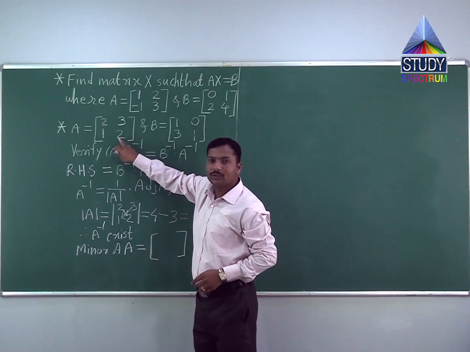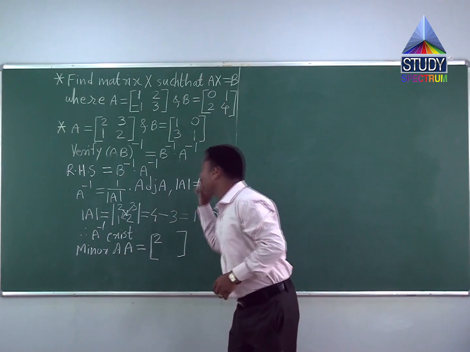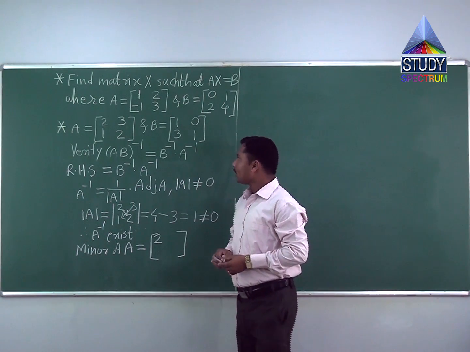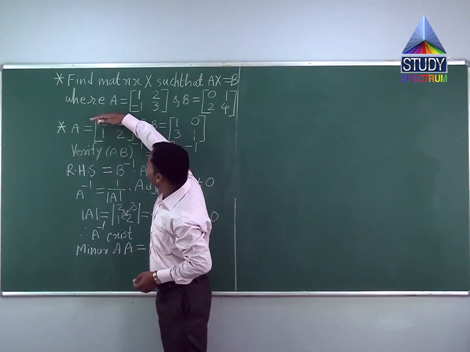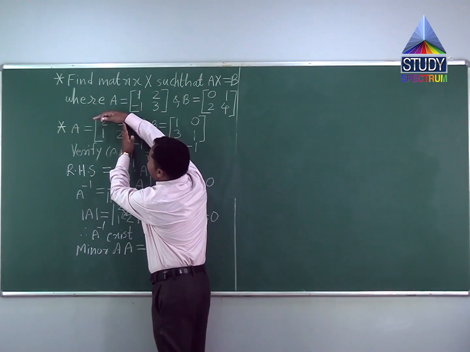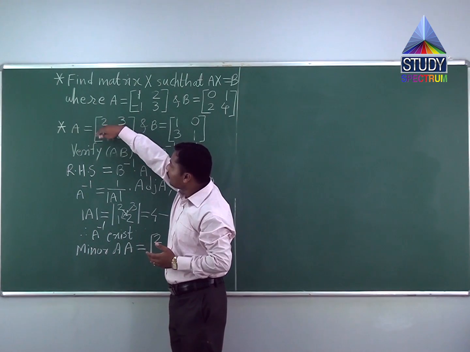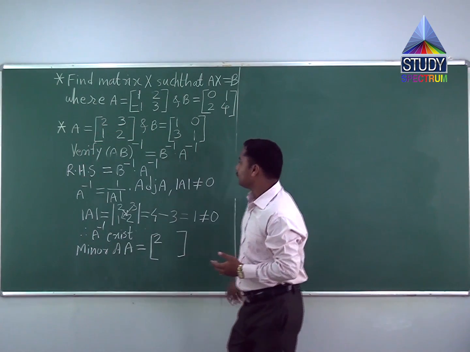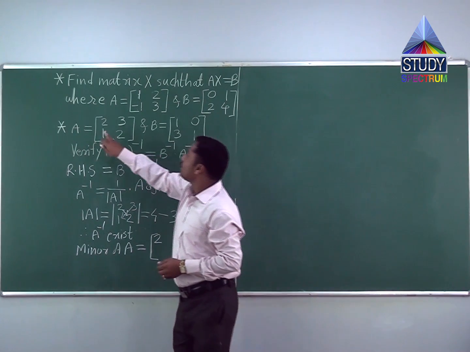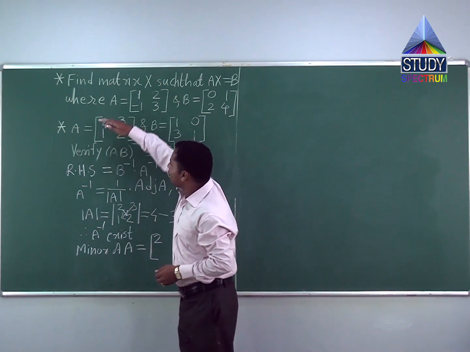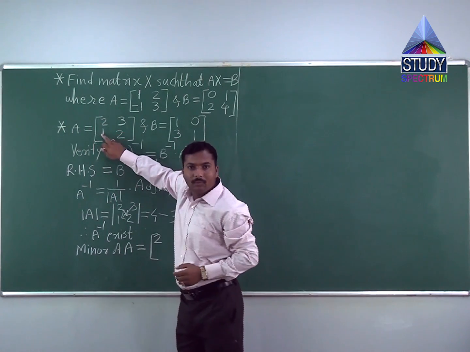So the determinant of this is 2 itself. Again, minor of 3: delete the row and column passing through this number 3. So what remains is 1, and the determinant of 1 is itself 1. Again, minor of 1: delete the row and column passing through this number 1.